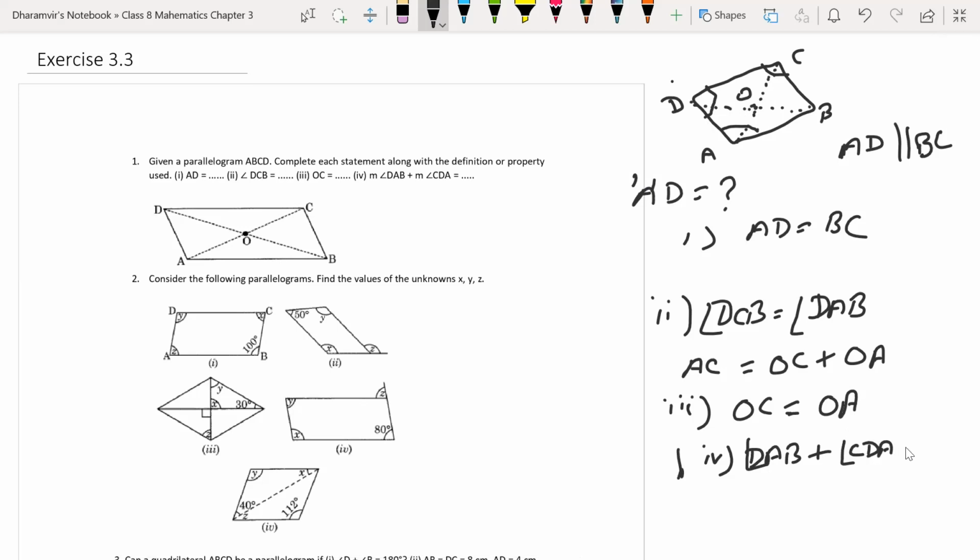What is the value of this? It is a property of the parallelogram that adjacent angles are supplementary to each other.